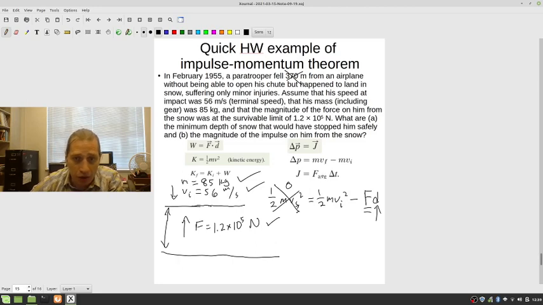Now, the impulse is a force times the time. So the interesting connection that this makes is that we've connected distance and forces, and now we're putting in extra time.